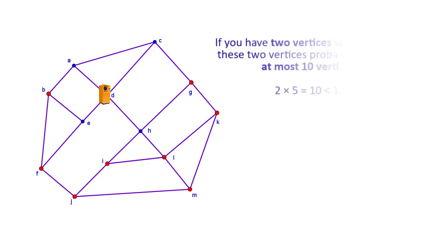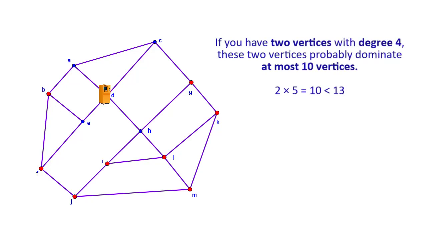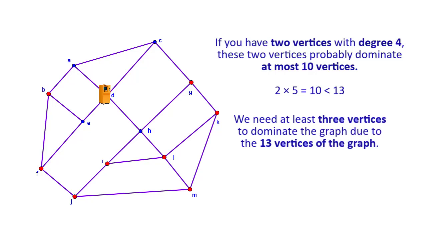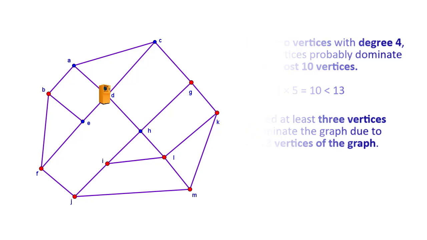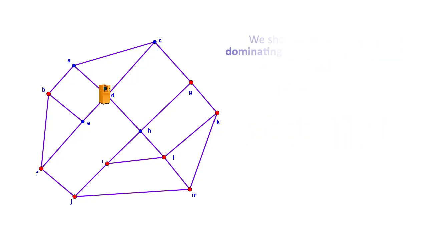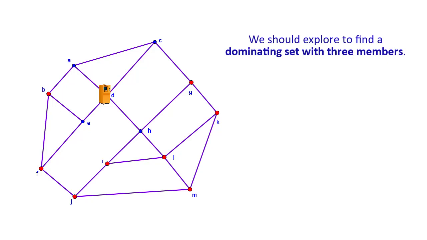If you have 2 vertices with degree 4, these 2 vertices probably dominate at most 10 vertices. So we need at least 3 vertices to dominate the graph, given the 13 vertices of the graph. We should explore to find the dominating set with 3 members.